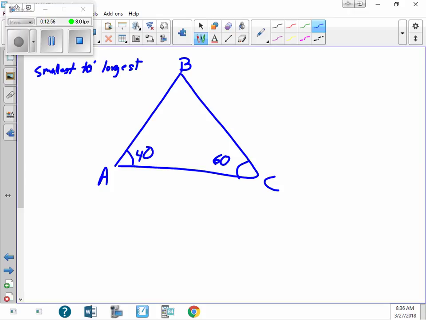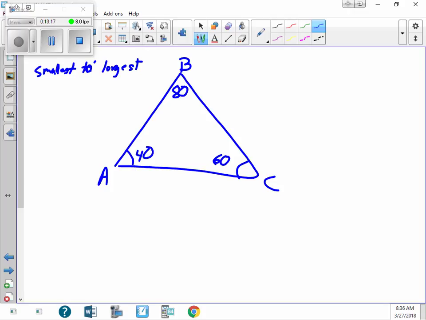I need to know how big angle B is. How do I figure that out? Add 40 to 60 and you get 100. Subtract that from 180. So 40 plus 60 is 100. 180 minus 100 is 80.